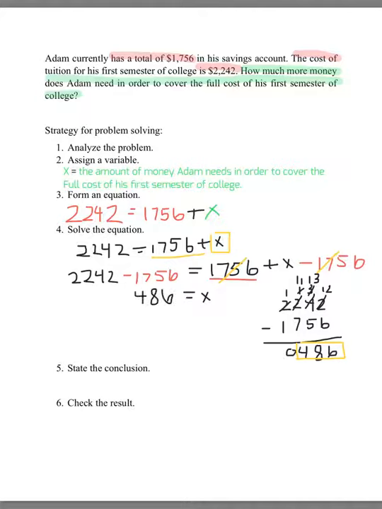So on the left-hand side of the equation, we have 486 equals x. So now let's go ahead and state our conclusion. So the question is, how much more money does Adam need in order to cover the full cost of his first semester of college?